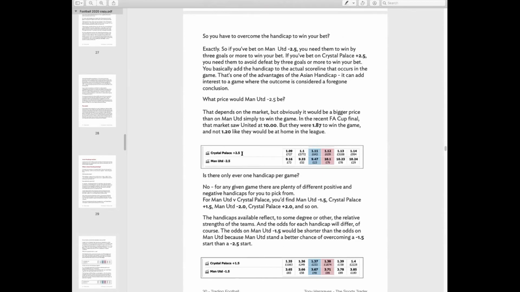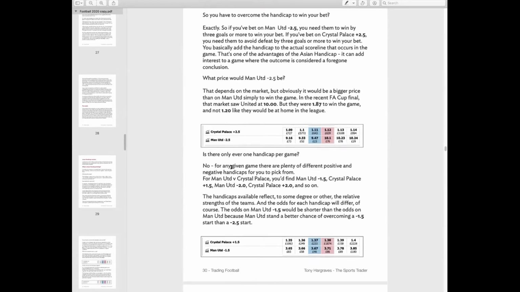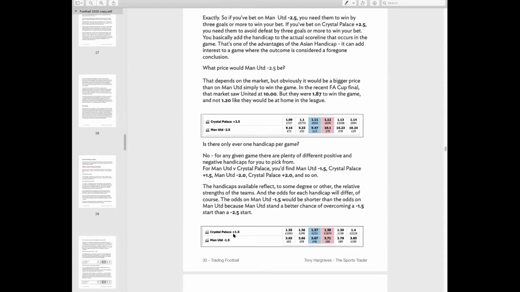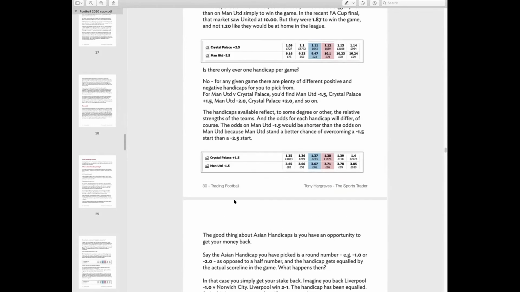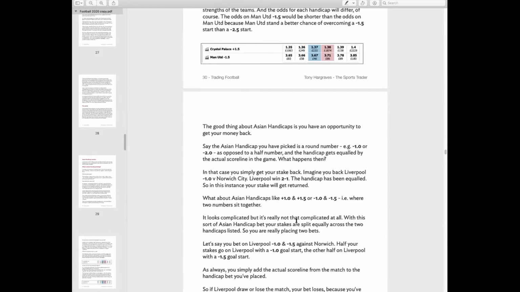So there's Crystal Palace +2.5, Man United -2.5. And then you see the +1.5 there at 1.37, Man United -1.5. Wouldn't you like that price these days? Manchester United -1.5, and they're at 3.7. You'd think they'd win by 2 goals, but when I did this, they weren't going so well.